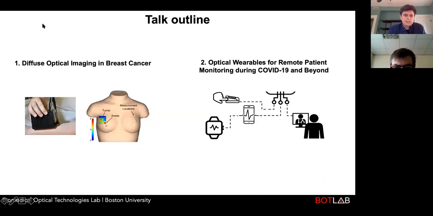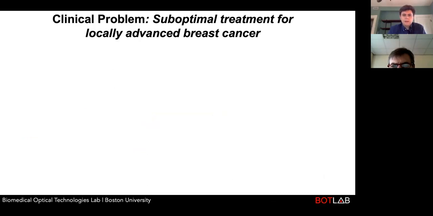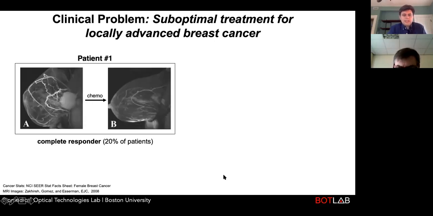So let's get started on this first chapter, diffuse optical imaging in breast cancer. I'll start this chapter by first telling you what the clinical problem is that we're trying to tackle. In breast cancer, much like many other cancers, we unfortunately have what you might call suboptimal treatments for many types of cancers, including what we call locally advanced breast cancer.